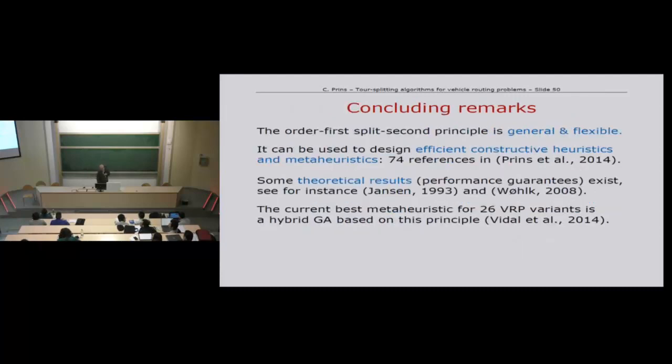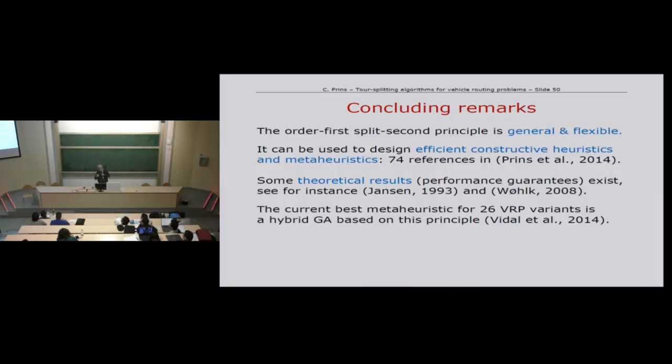Okay. So I hope you feel that this first principle, or the second principle, is general and flexible. A lot of people now use it because, as I said, we found 4 years ago 74 references.